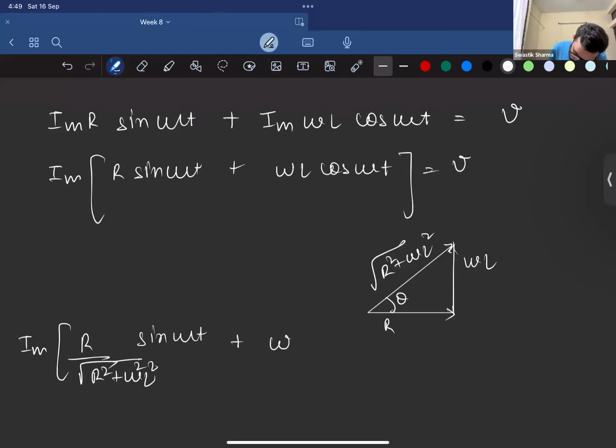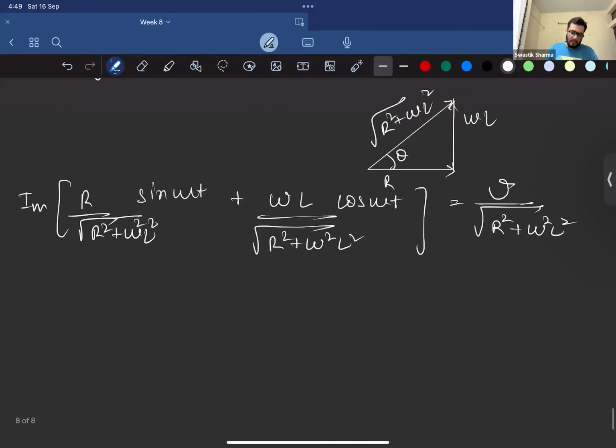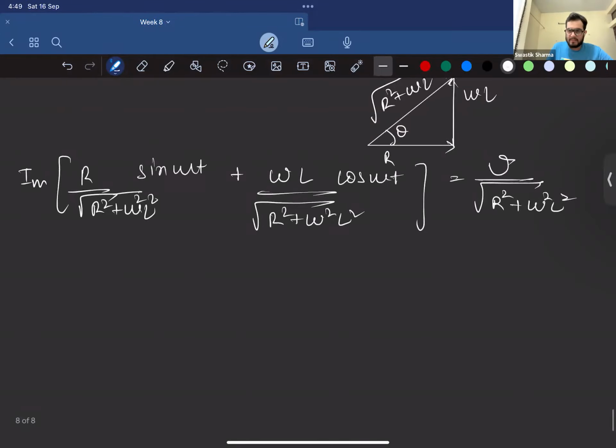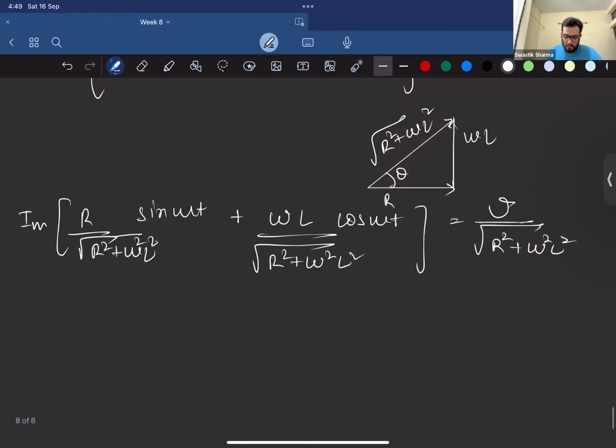Let's call this angle theta. So in terms of theta, how can we represent R upon the square root of R square plus omega L square? It's cos theta, right?